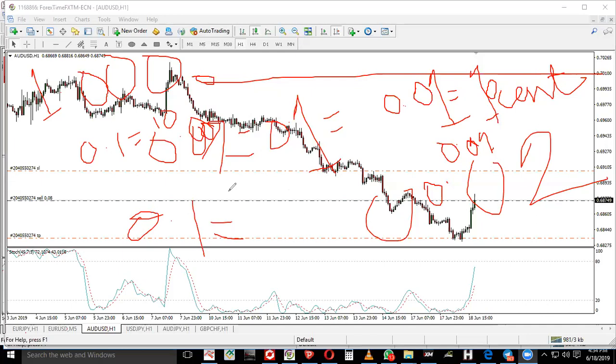Now, you understand this 0.1 is equal to $1. So if you are executing your order with 0.1, for every pip that you are losing or gaining, you are losing or gaining $1.